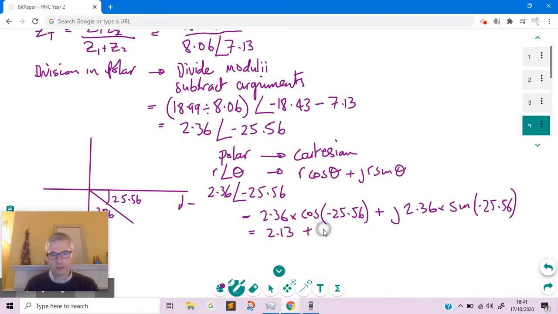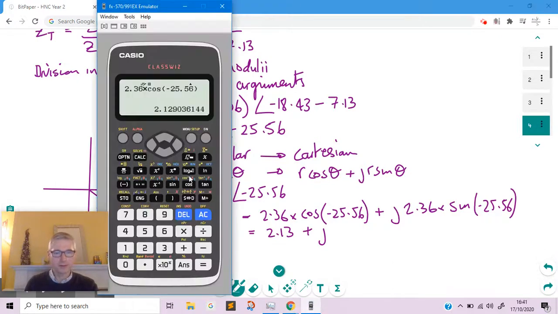And I'm just going to do the imaginary part, so I need to work out 2.36 times sine negative 25.56. So we get negative 1.018, and I'm going to call that negative 1.02, rounding to 2 decimal places.